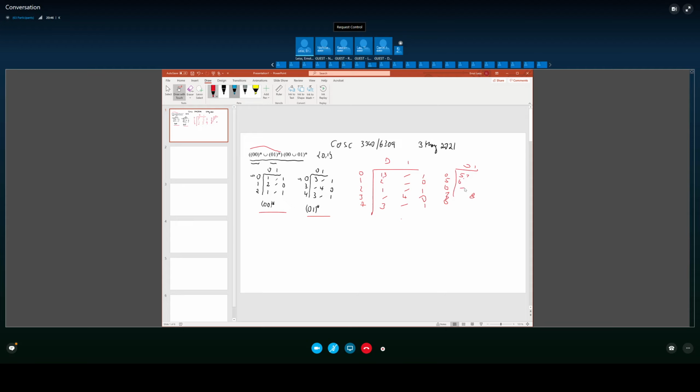And then 6 goes nowhere, and 7 under 0, and then 7, 8, and so you have 0 0 1, 0 1, and then you change that into a 1, and you have 5, 7 here, and 5, 7 here.